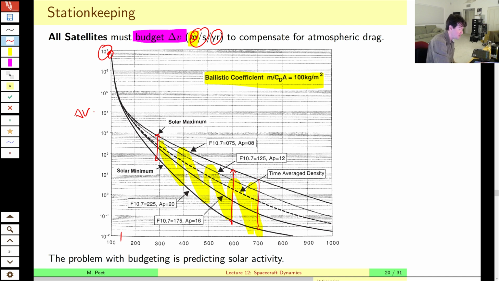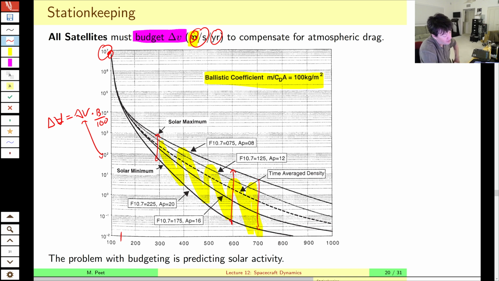So actually, I should put delta V times ballistic coefficient divided by 100. The actual delta V is this delta V times the ballistic coefficient divided by 100.